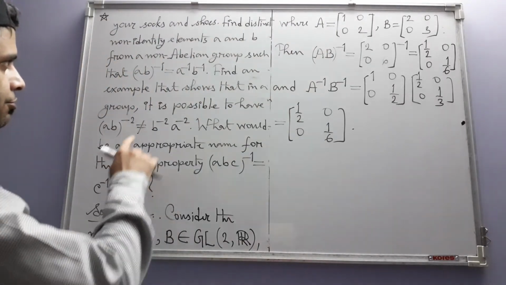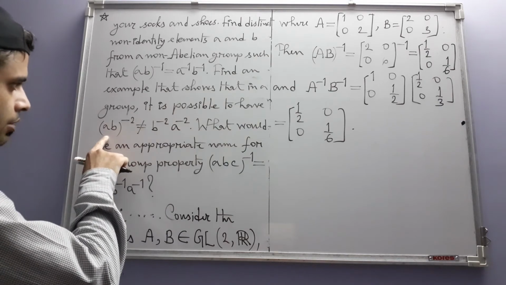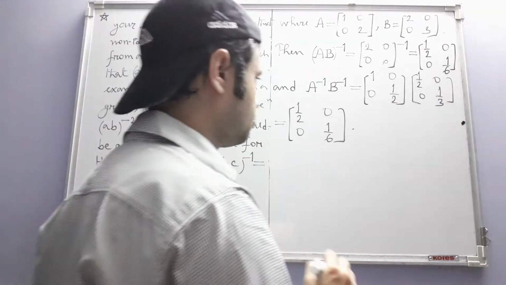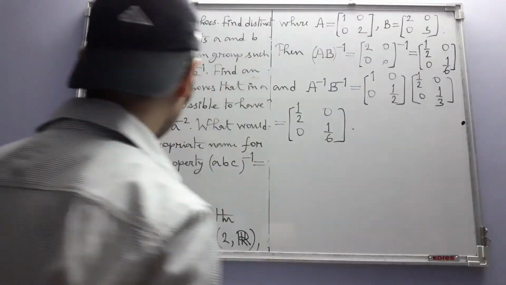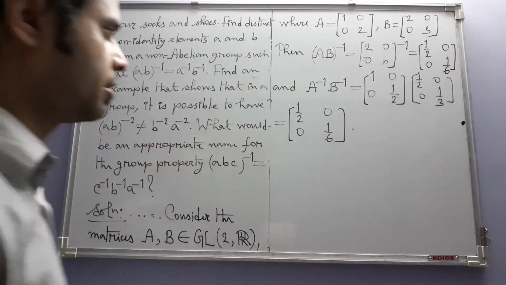After this, we have to find examples of elements in a group that satisfy this non-equality. For that, we go to the dihedral group D4, the group of symmetries of a square.